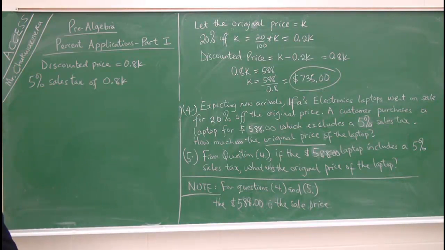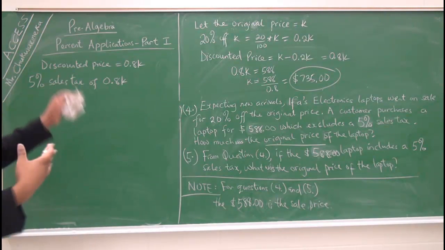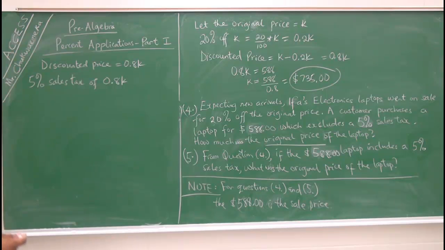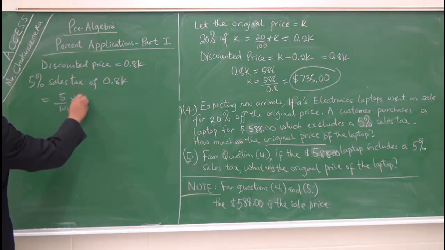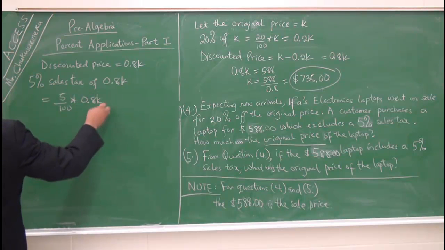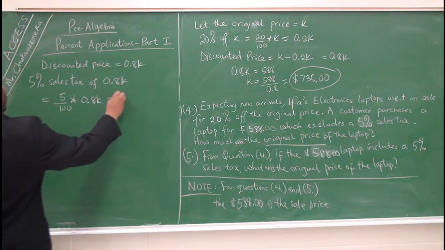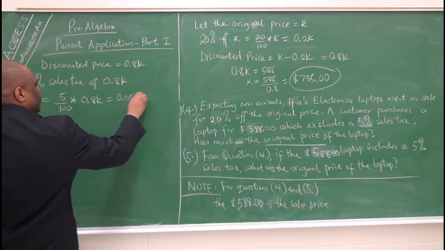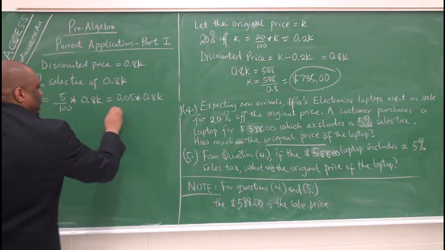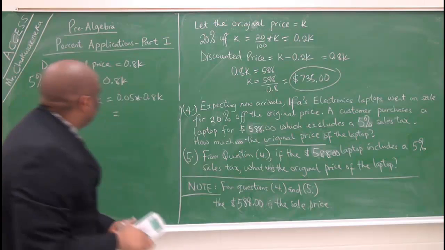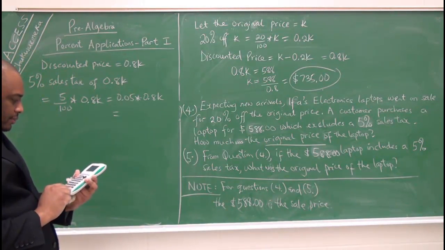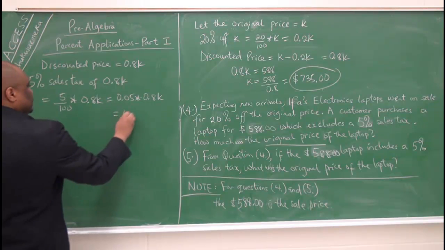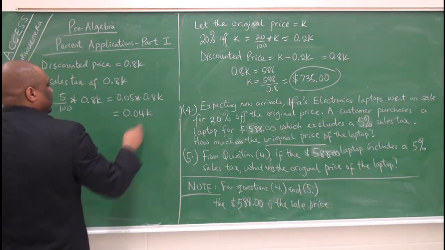That will give us 5 over 100 times 0.8K, which is 0.05 times 0.8K. That will give us 0.04K.